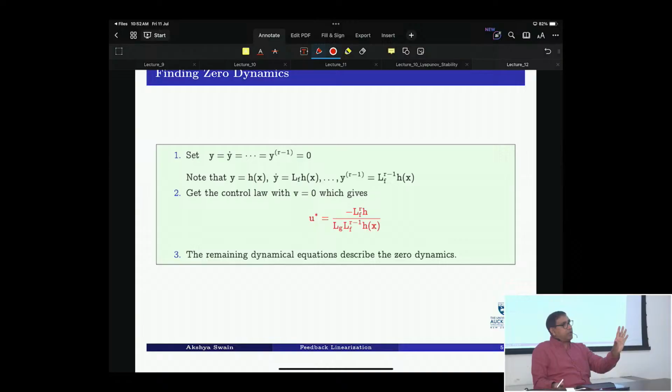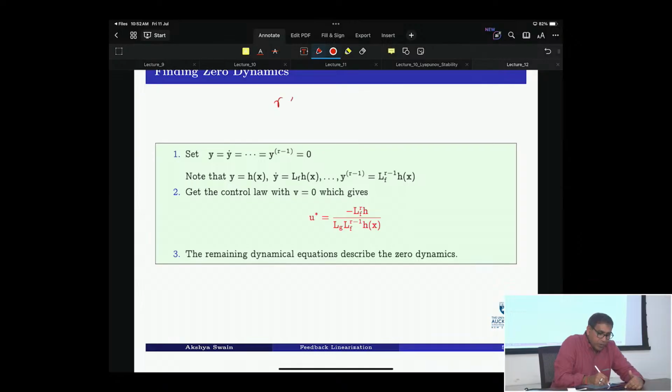So for fifth order, you can go to a maximum of fifth differentiation. There is no point in doing a sixth differentiation. So relative order will always be less than or equal to n.